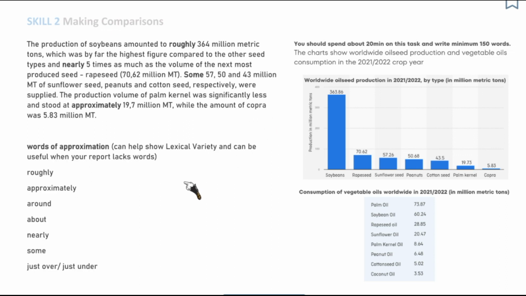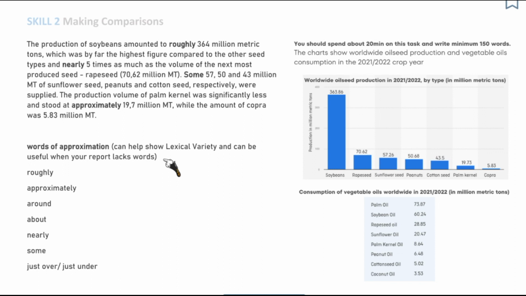Words of approximation. We have already talked about them in our previous lesson, and they're just so handy and so useful that I can't help mentioning them again. So please use them. They can help to show lexical variety because there are several synonyms of them.